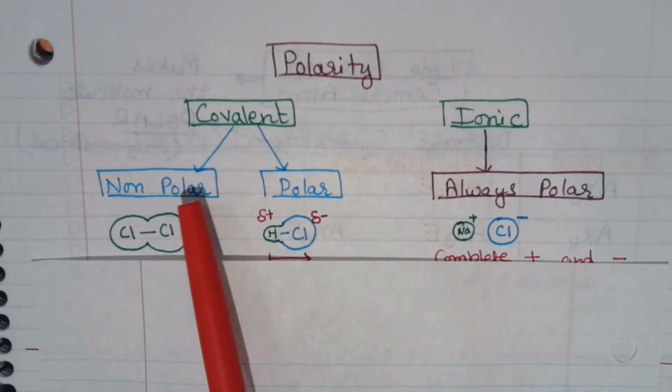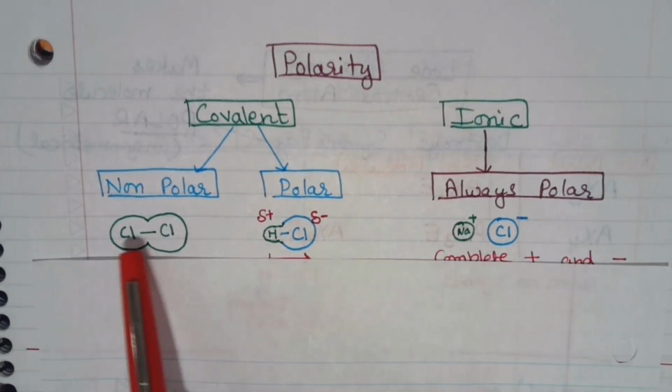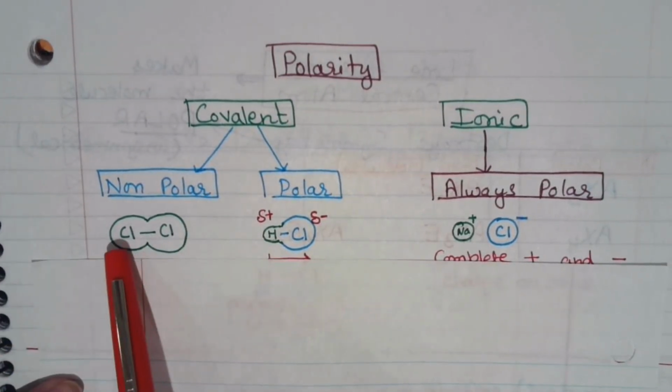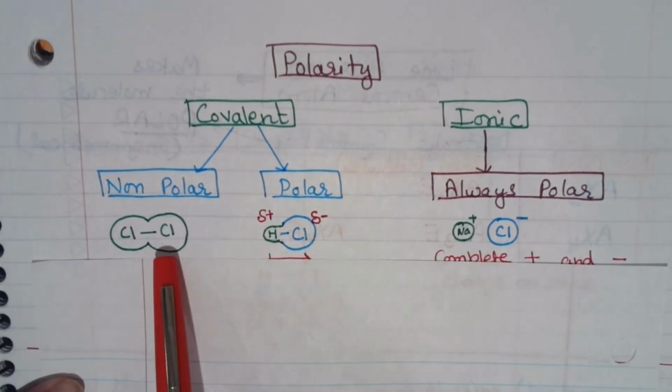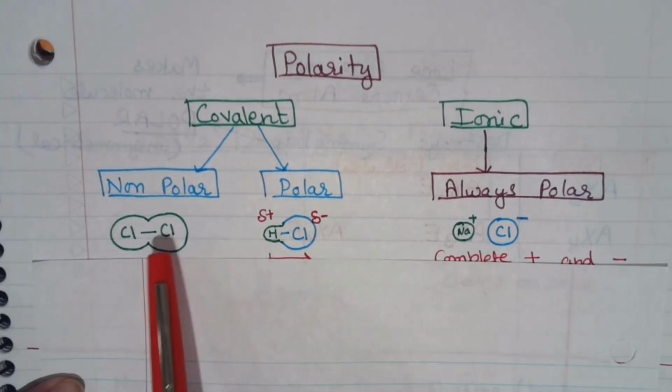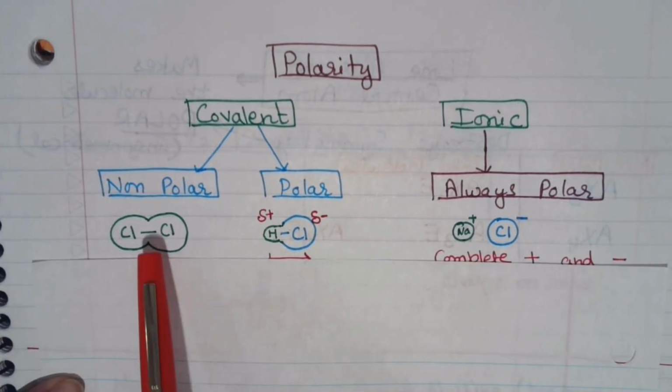Most of the molecules that have the same kind of atoms, you can see both the chlorine atoms are same, so their electronegativity difference is 0, right? 0 electronegativity difference, meaning this covalent bond is non-polar, right?